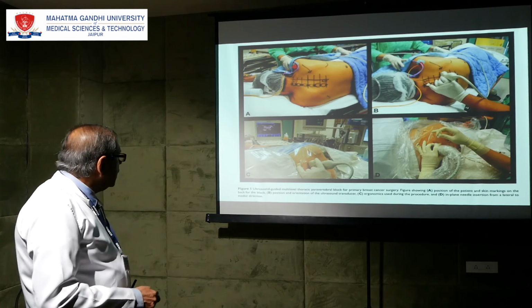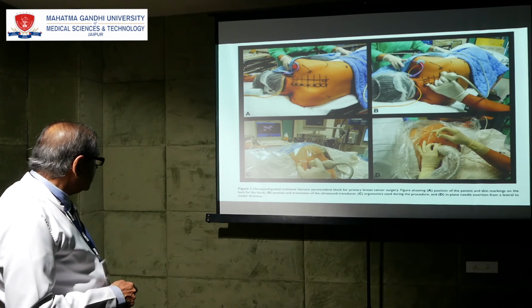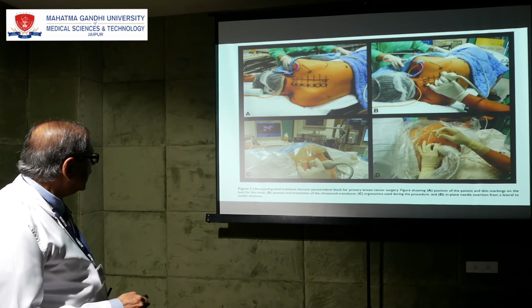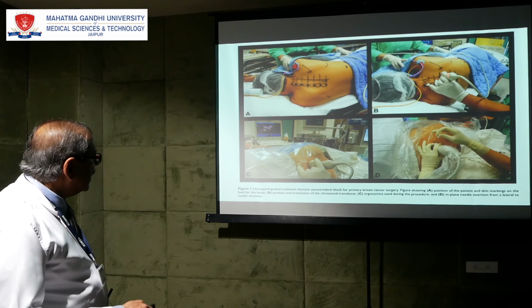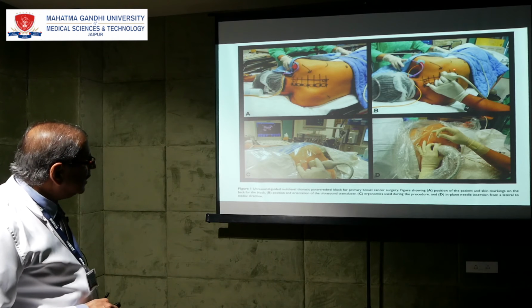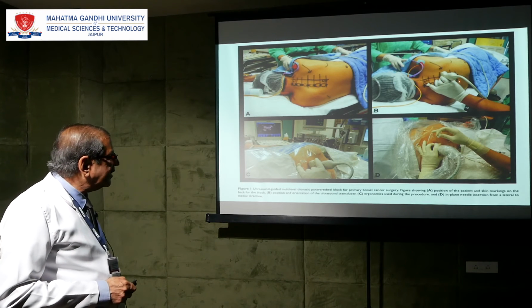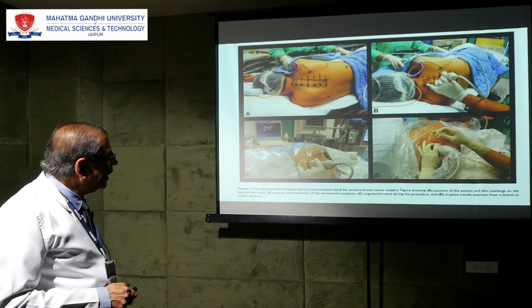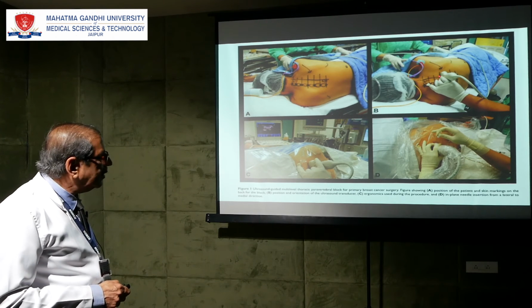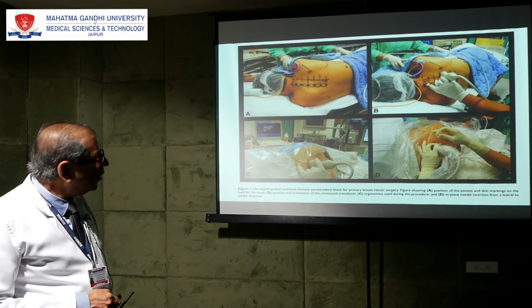Now, this is one picture which shows a patient lying, and this is transverse orientation of the probe. In transverse orientation, some of the practitioners use this approach. Here you have to make sure that you are able to visualize the tip of the needle all the time.